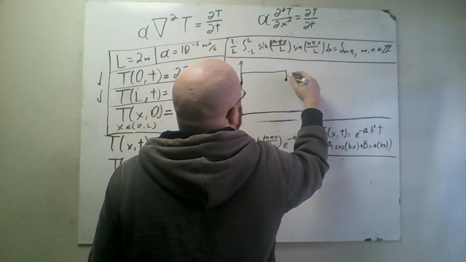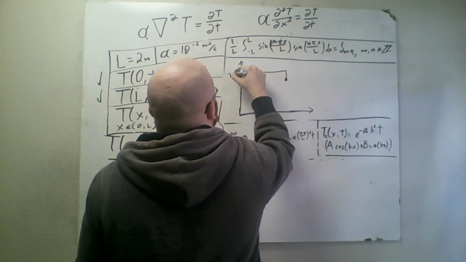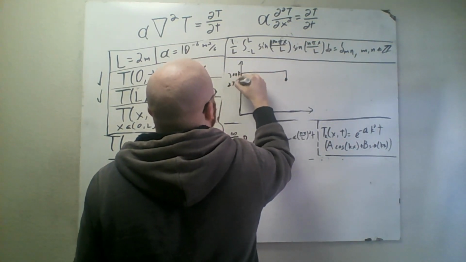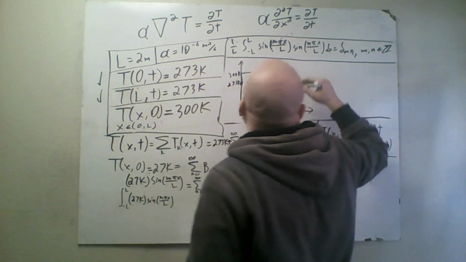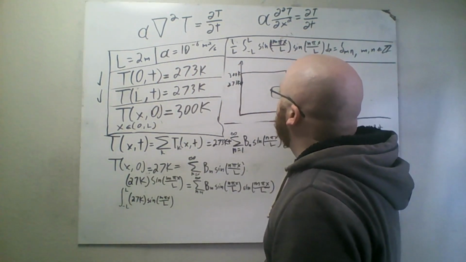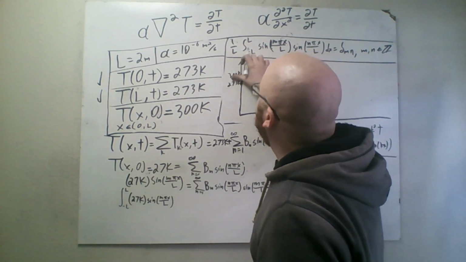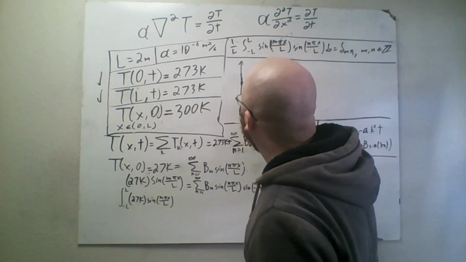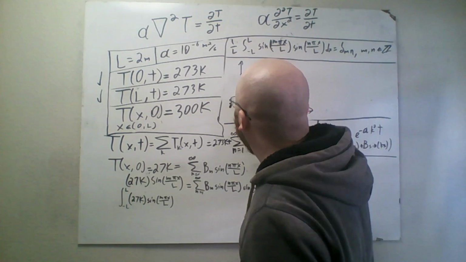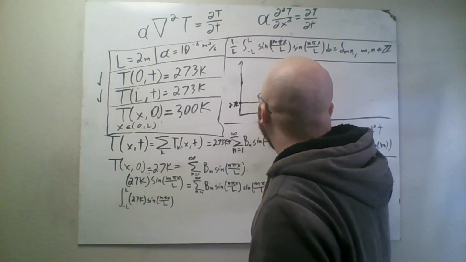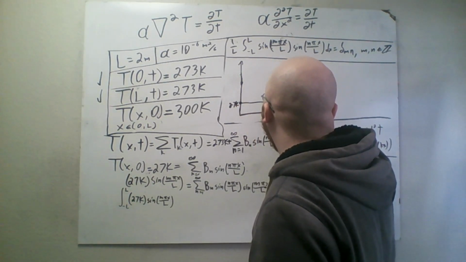So yeah, this is 300 K, this is 273 K, right? Okay, so, oh, sorry. Actually, I made a mistake. This should be 273 K. There we go. So let's do this. 273 K. Start here. Go down at L.